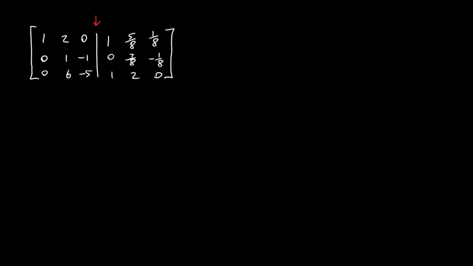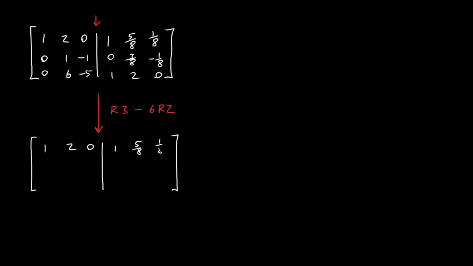Okay, so next step. This time I'm going to take row 3 and I'm going to subtract 6 times row 2. So I'm going to multiply row 2 by 6 and subtract it from row 3. Okay, so row 1 remains the same, so it's still 1, 2, 0, 1, 5 eighths, 1 eighth.